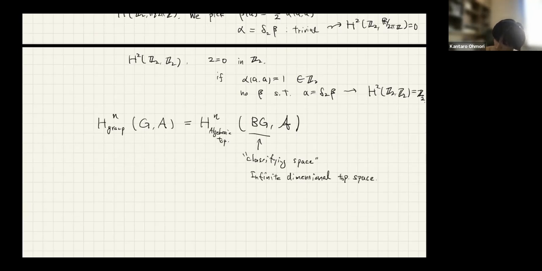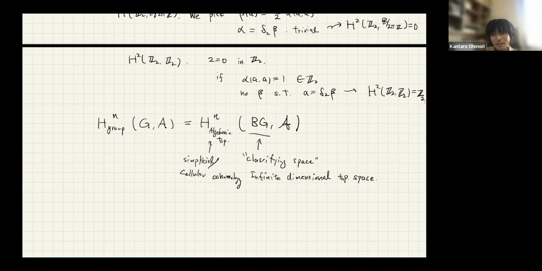And so here, simplicial or cellular cohomology. The one I define in algebraic terms can be realized geometrically using some infinite dimensional topological space.